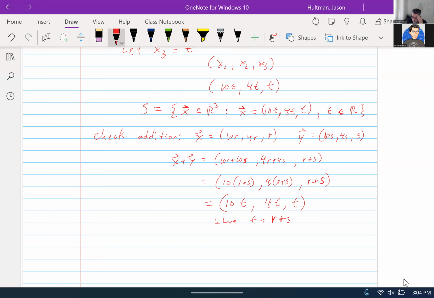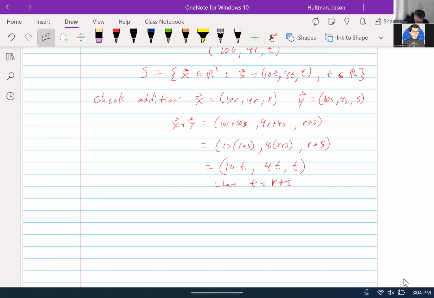Since we stayed within the subset of the vector space with addition, one of our conditions is met. We didn't go outside. If we start with 10, 4, and 1, we end up with something with 10, 4, and 1. So this does work, this checks, and it's closed under addition.